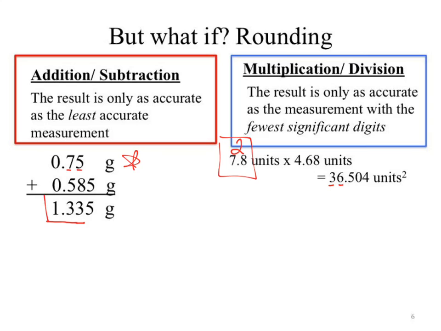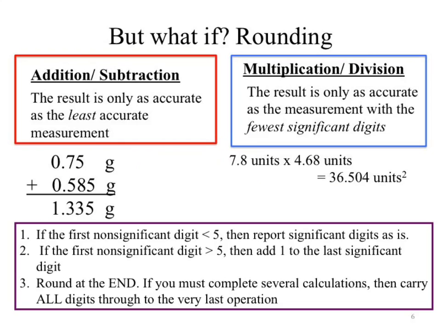So what we want to do is come up with some standard rule, and this is where we get our rounding rules. If the first non-significant digit, so in the case of our addition and subtraction, we said we had 1.33, those were all significant. So our non-significant digit is that 5.